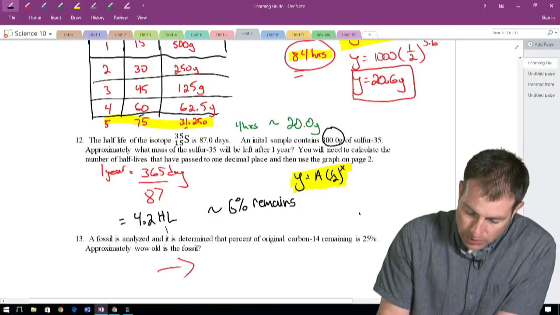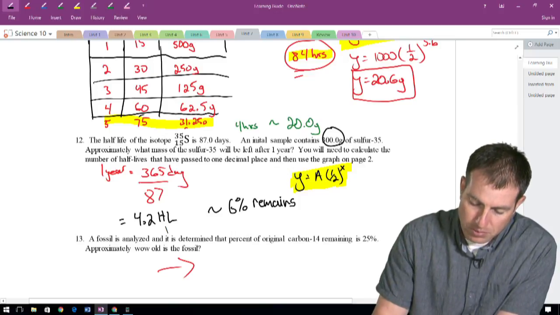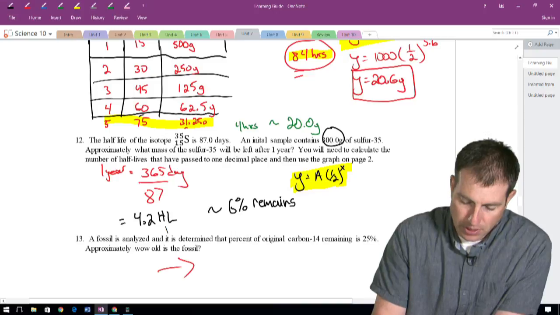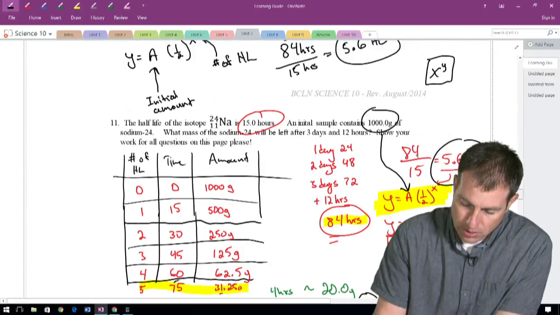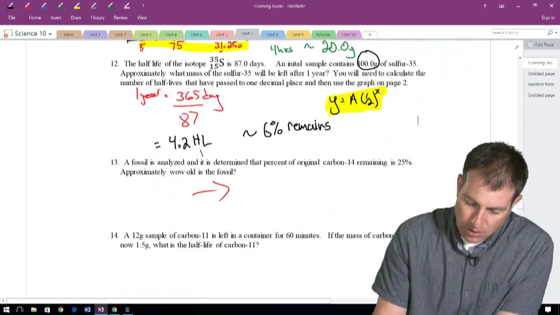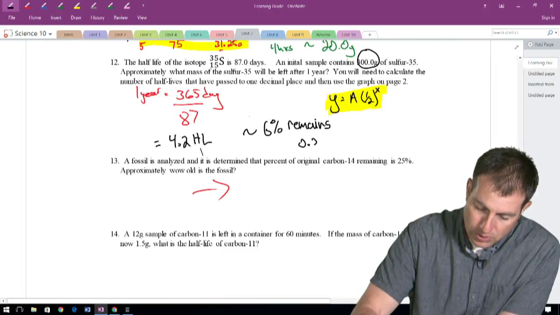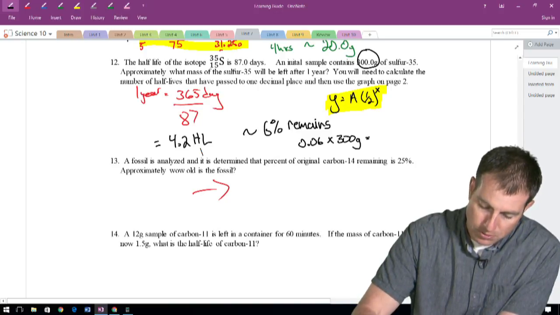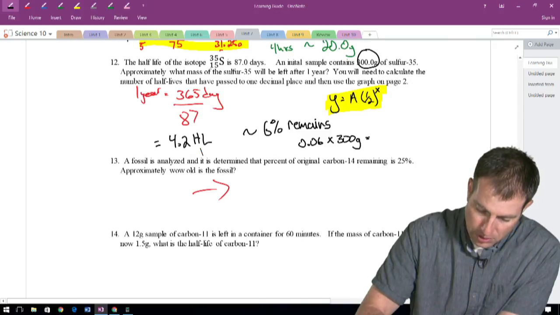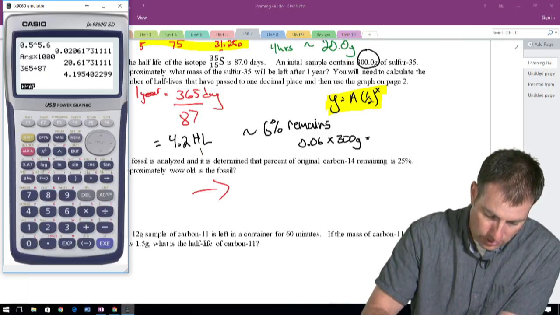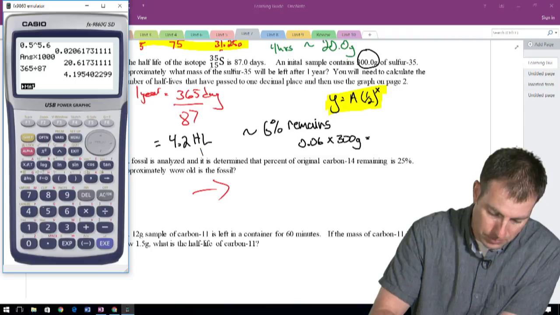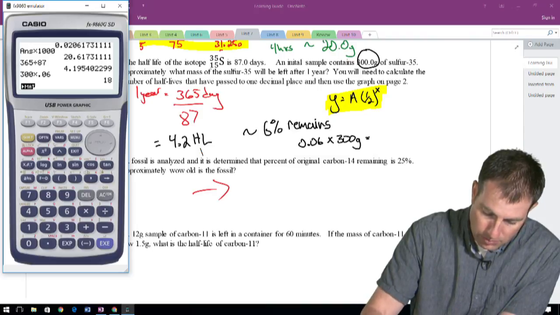What did I start with? Well, I started with 300 grams. So what is 6% of 300 grams? Pushing buttons here. 0.06 times 300 grams. It's going to be 18, I think. 1.8 makes more sense. 300 times 0.06 is 18 grams.